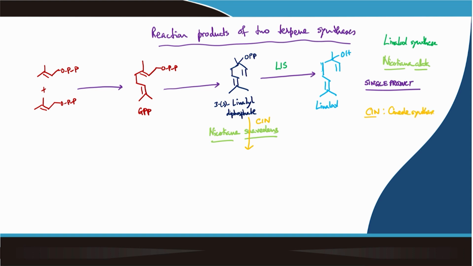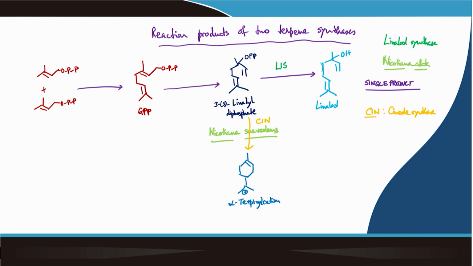And the first product is an intermediate, which is called alpha terpinyl cation.